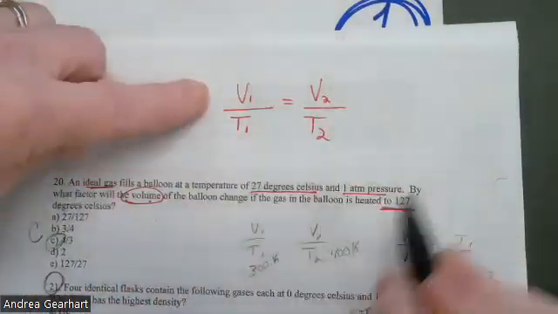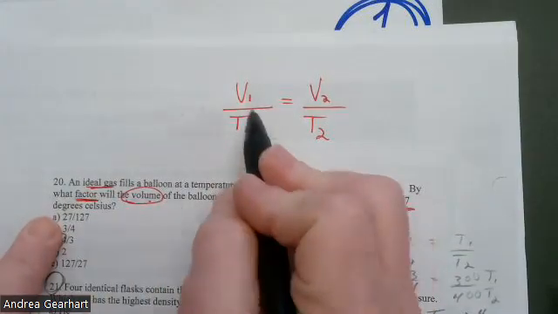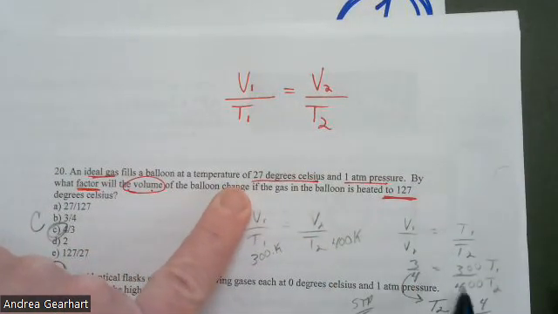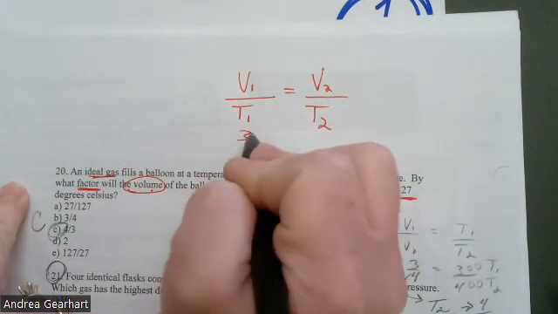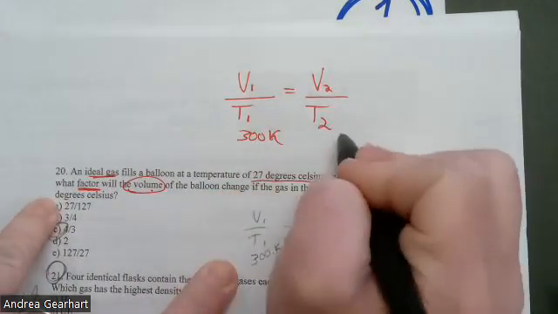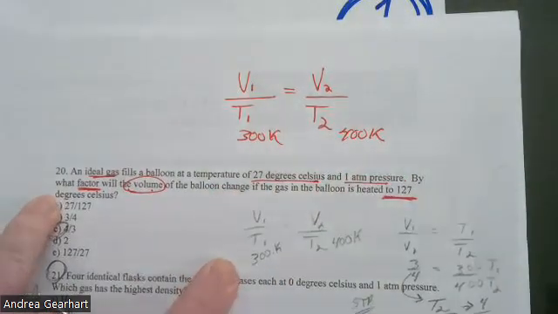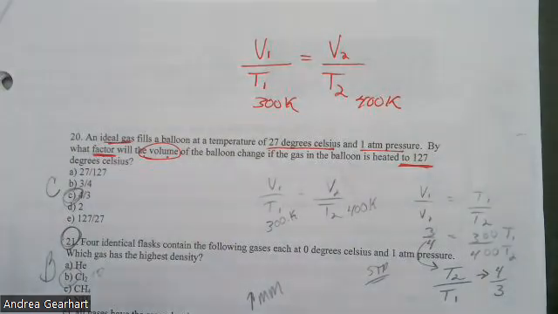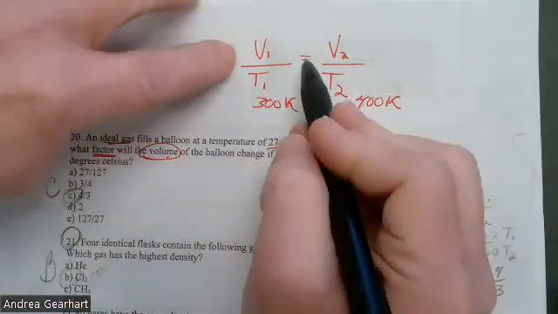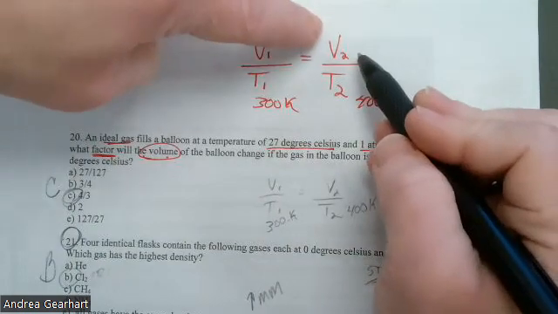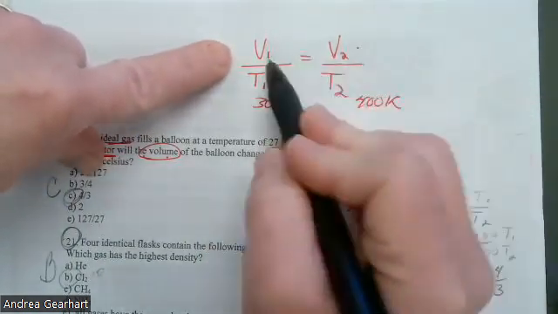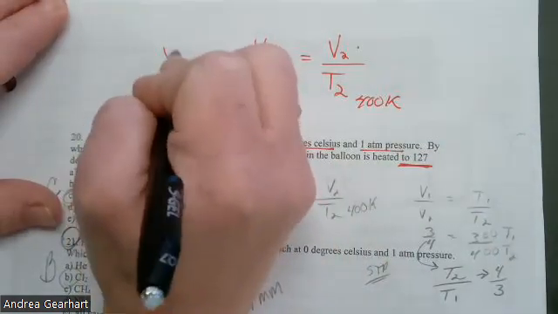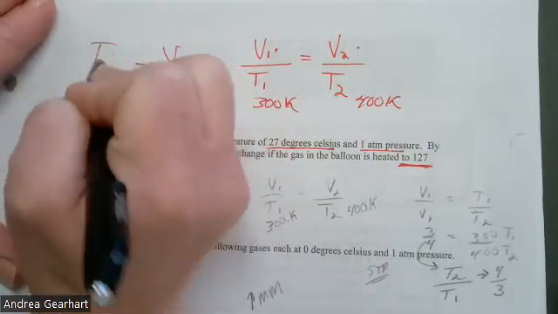Now, they're asking, what factor will the volume change? Well, 27 degrees Celsius would be 300 Kelvin, and I'm changing it to 400 Kelvin. They're asking how the volume changes. So I want to know, how does V2 compare to V1? Are we okay if I just rearrange the equation?